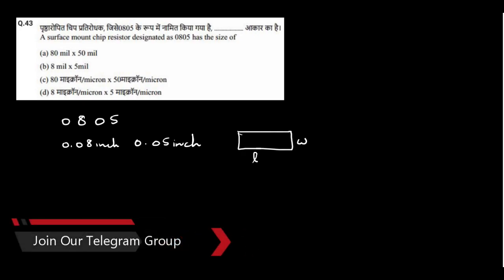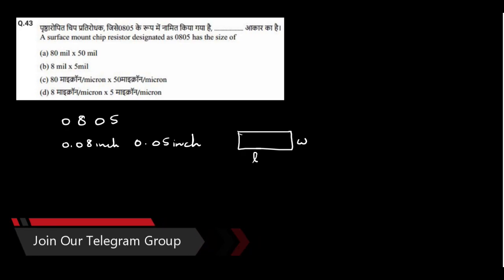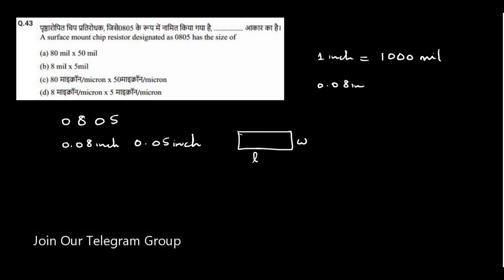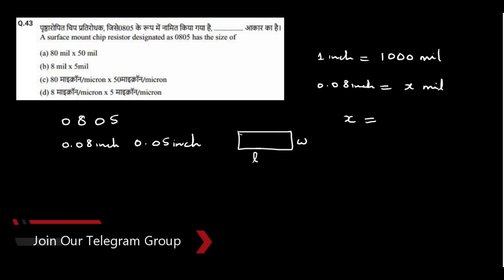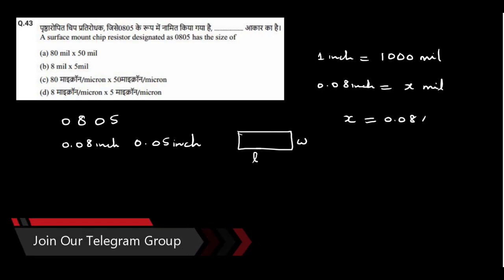Now we have to relate it with mil. I hope you know 1 inch equals 1000 mil. So 0.08 inch equals what? X mil. If you cross multiply, x equals 0.08 multiplied by 1000. So what do you get? You will get 80 mil.